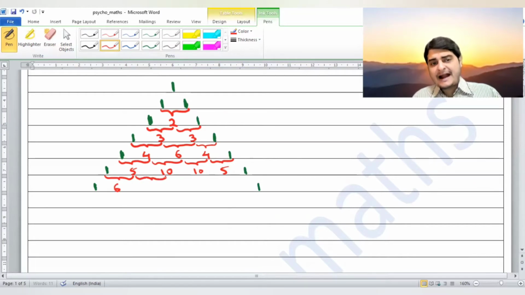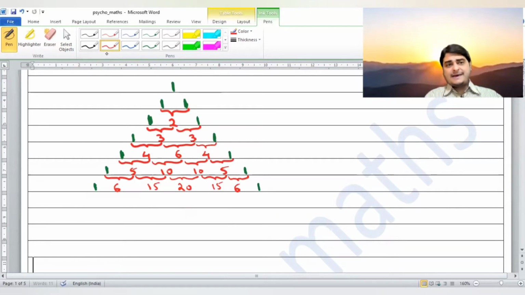But at the base level, students are not acquainted with combinations, and hence I am showing you this trick with the help of a power pyramid. And this way, see, this Christmas tree is growing and growing.